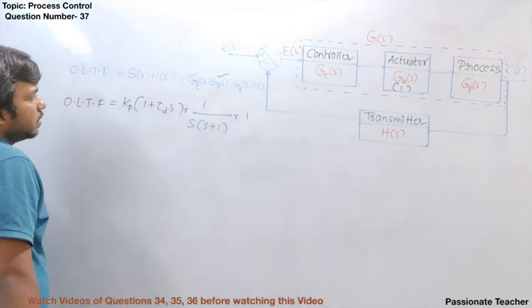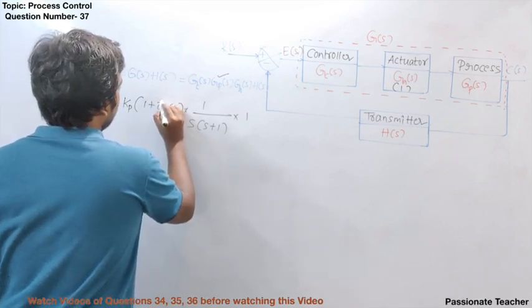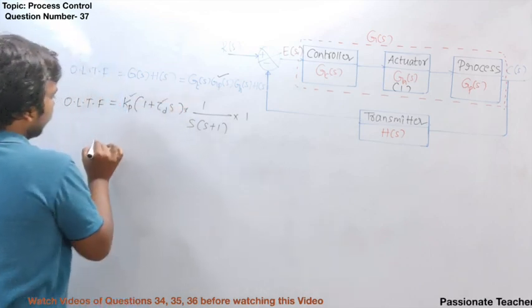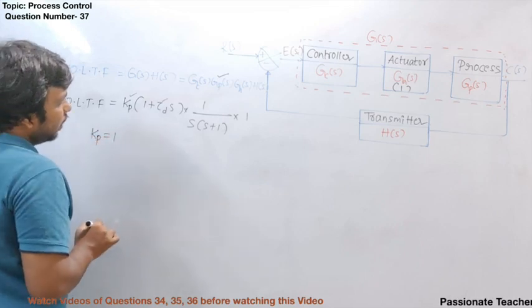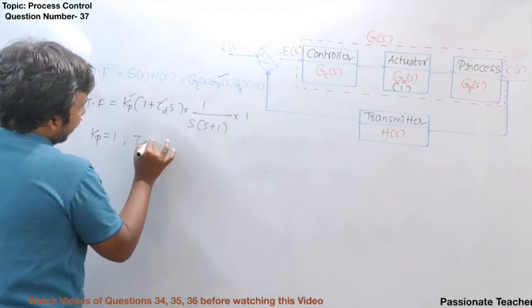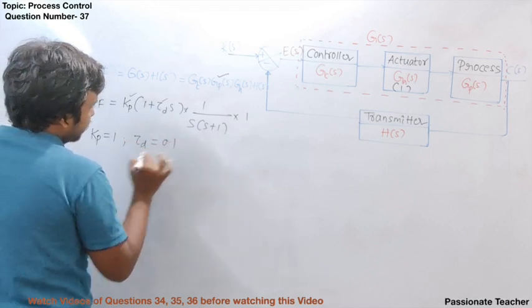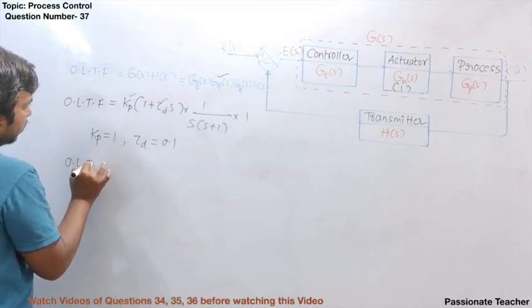Now, intentionally we will do one thing. Let us assume that Kp is taken as 1, and here tau d, let me take tau d as 0.1.